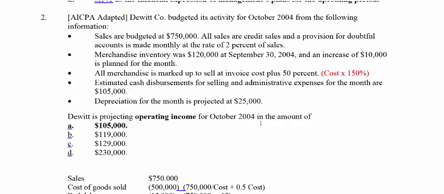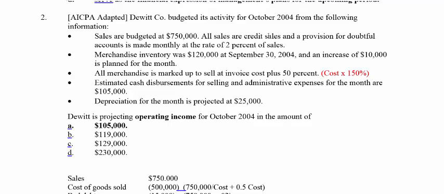That means we're going to have revenues, cost of goods sold, and other operating expenses in order to calculate operating income. Let's go back up and pick out the information we need. Sales are budgeted at $750,000, so we're going to start our calculation with that.